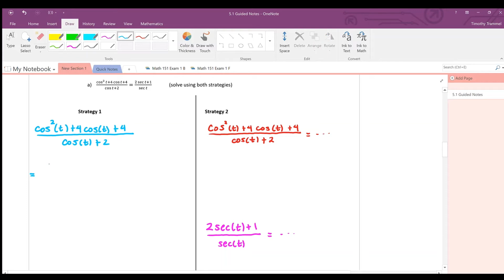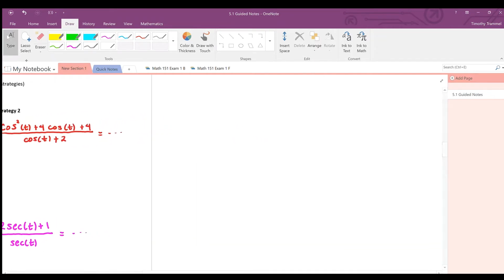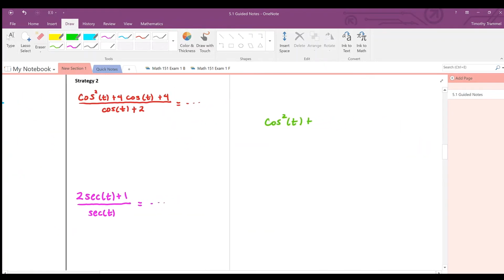Now, we want to start using those trig identities from the first page so that we can conclude that these two things are equivalent. Now, there's one thing I'm actually noticing before really any of those trig identities that were up on that first page. And the thing I'm noticing is this numerator here kind of looks like a polynomial. Let me write it over here. Again, we have cosine squared of t plus 4 cosine t plus 4.